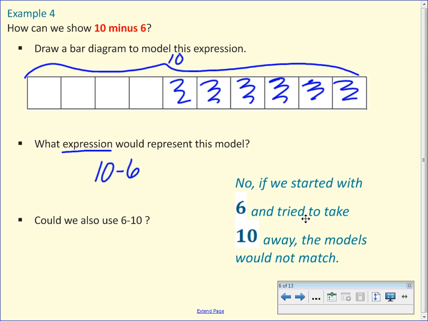If we started with 6 and tried to take 10 away, the models would not match. So we can't use 6 minus 10. Okay? Any questions on that?